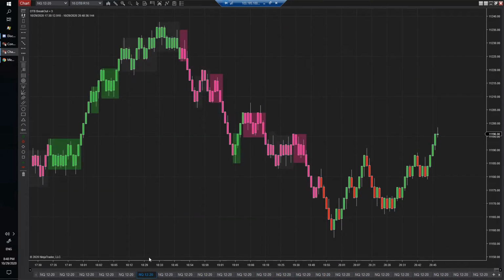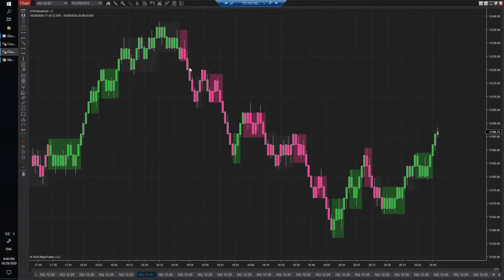This is our breakout box. So what this indicator is going to do is, as soon as it has confirmed a breakout, it's going to paint either the green box or the pink box. So this is a slightly lagging indicator because it has to first confirm that breakout, and on the close of the next bar, it's going to paint that breakout box.